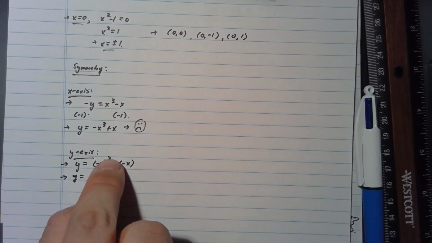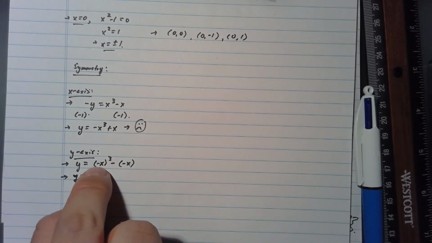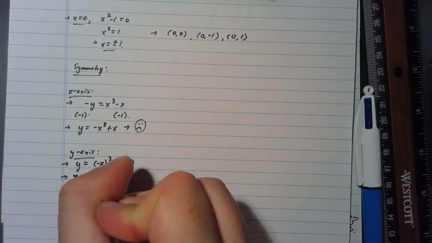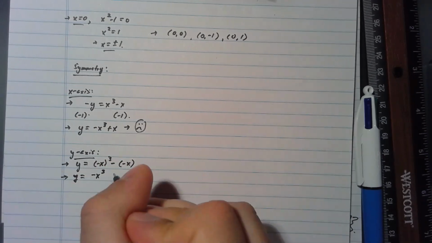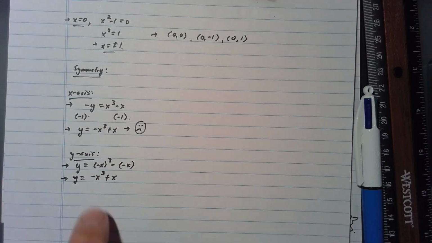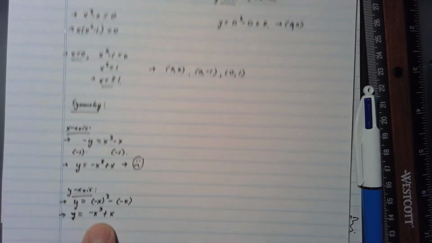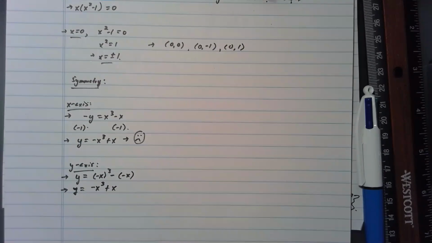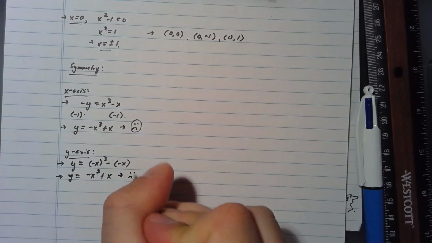So negative x to the third power, well, that's an odd power, so this negative is still stuck there. It's still negative x cubed. Minus a negative makes it a positive x. Now this is not the same as the original equation. It's not.